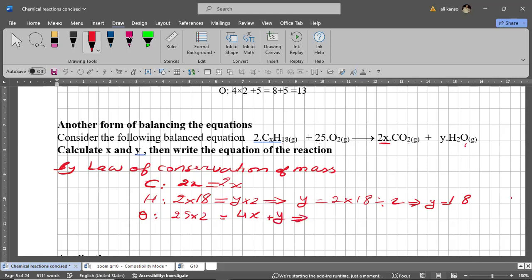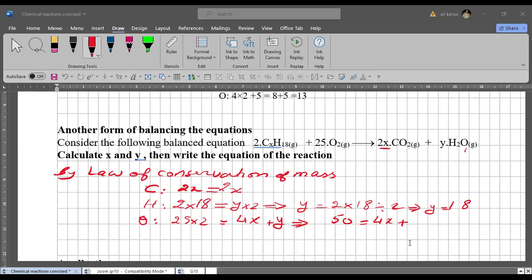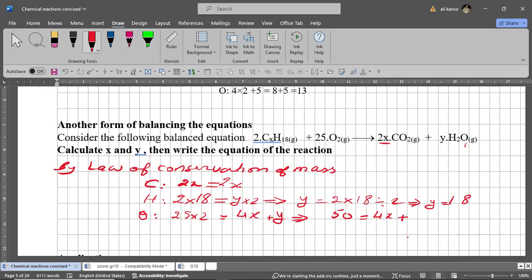What will x be equal to? 50 equals 4x plus y, which is 18. Replace y by 18 and solve. 4x equals 50 minus 18, we get 32.